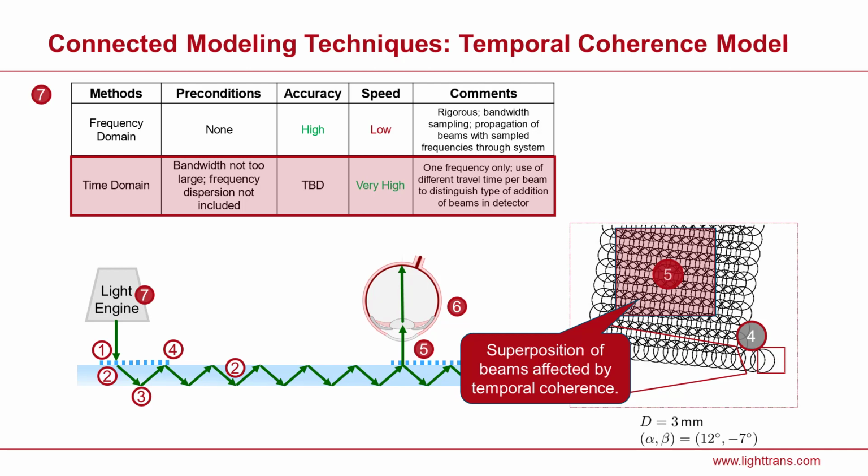This approximate approach consists of using the central wavelength of the spectrum and tracing its progress through the system, and then the sum of the overlapping beam footprints on the detector is performed coherently, that is, taking into account phase differences, or incoherently, adding squared amplitudes directly regardless of the phase, depending on the difference in travel time between the individual footprints.